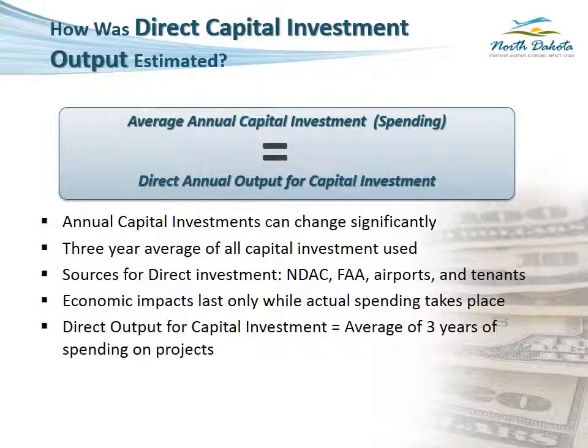Once the spending to complete the project ends, the impacts also cease, unless there is another capital project ready to start. Number 5. Since economic impact studies are a snapshot in time, if economic impacts are estimated every 5 years, there is a propensity for impacts in this particular category to change, more so than in the other categories.